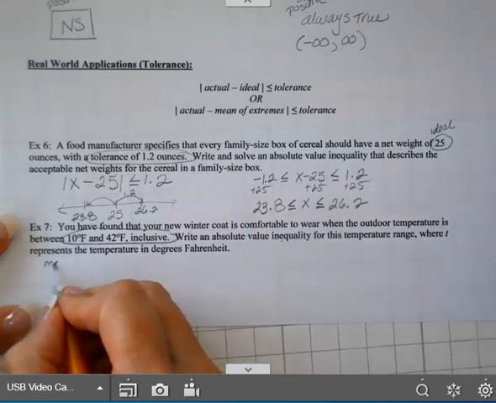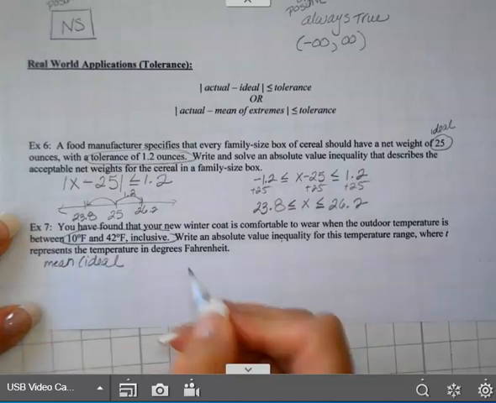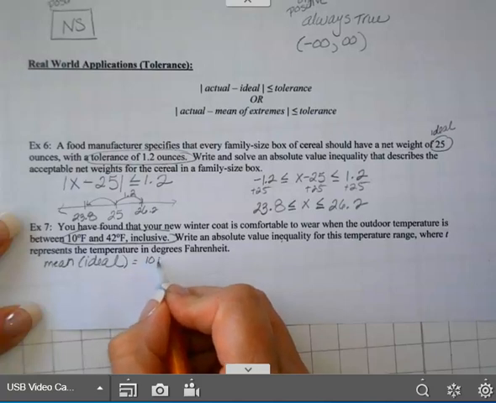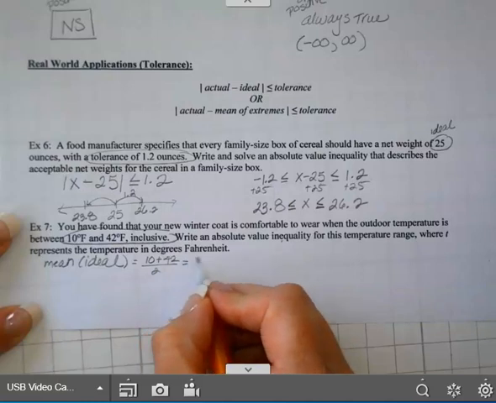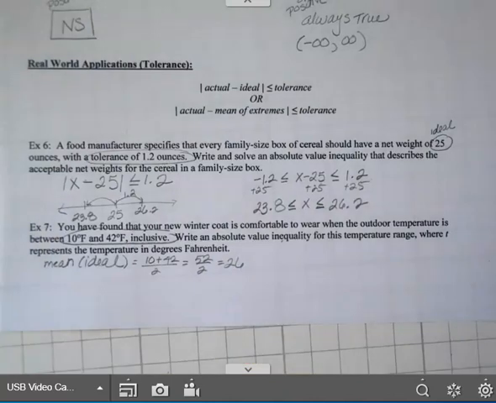So the mean, you just have to find the average. So you're going to just add those together. And so 10 plus 42 divided by 2 will give you 52 over 2, which is 26.